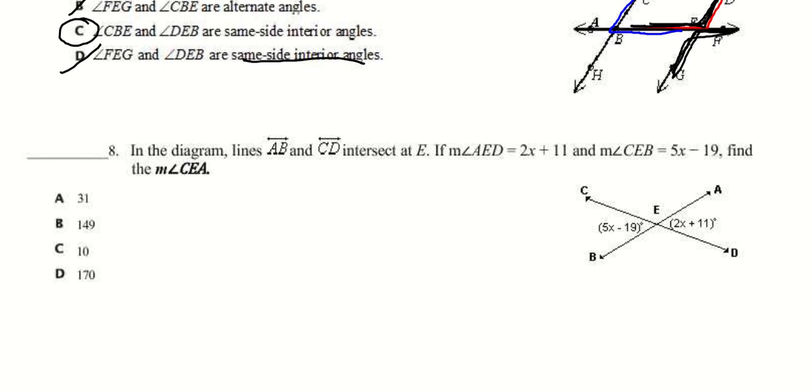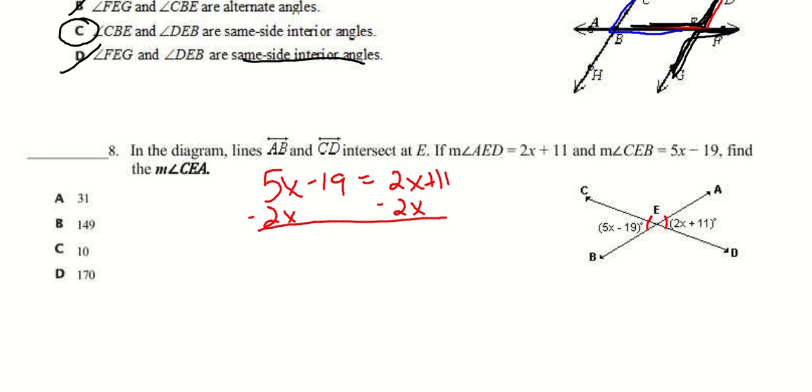Okay, for number 8, same thing. See if you can tell what's the relationship here, guys. They are vertical, so they're equal. So we just set 5x minus 19 equal to 2x plus 11, and then I solve. Subtract the 2x to keep the x positive, which gives me 3x. I'm also going to add the 19 over to get 30, and then divide by 3 and get x is equal to 10.